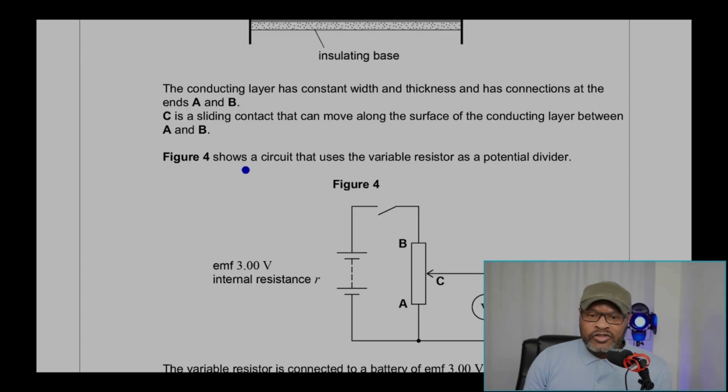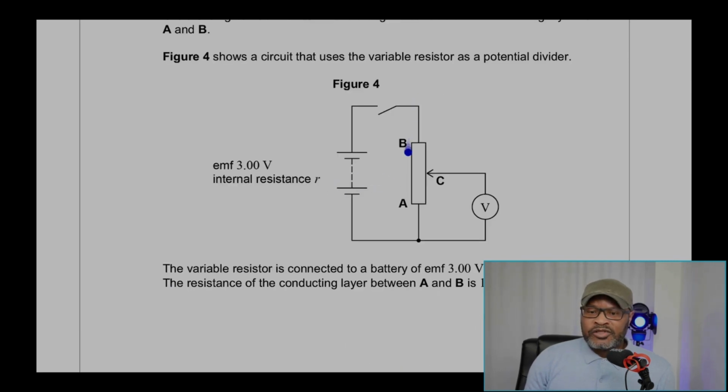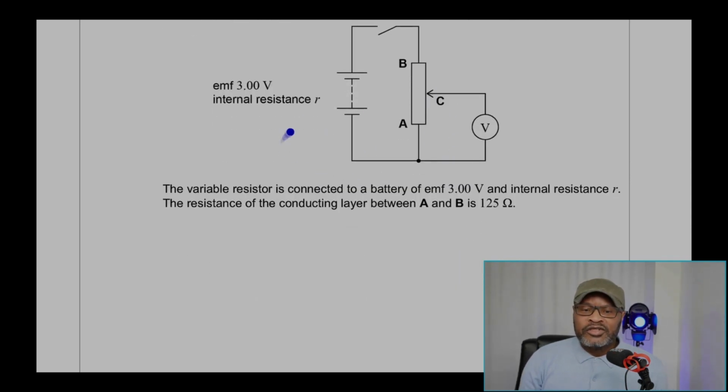Figure 4 shows a circuit that uses the variable resistor as a potential divider. So there's a potential here equal to the potential there, but this bit is dividing that potential into 2 parts, and the sum of the 2 potentials will be equal to the total. The EMF is 3 volts, and it has internal resistance r.